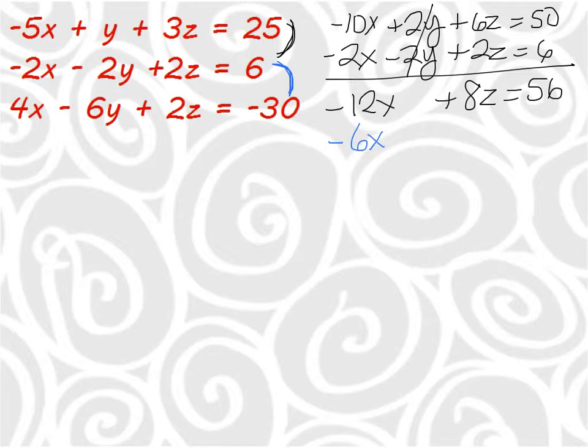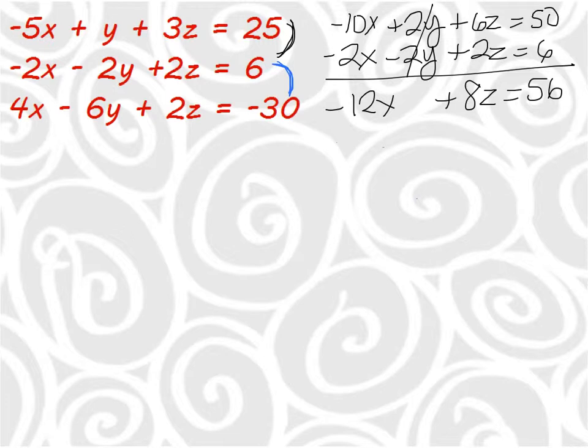Actually, let me rewrite that so it's kind of separated. All right, so take that second equation times negative 3 gets you a negative... oh, I lied. Sorry, let's go back. I need one of those y's to be a positive.